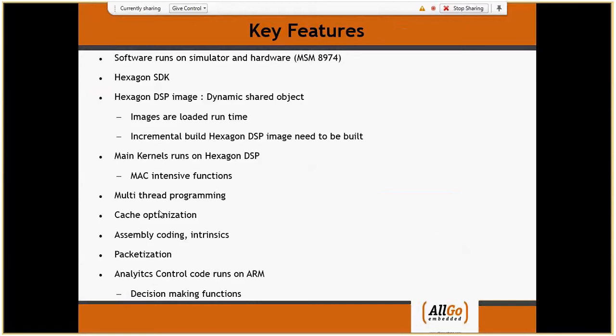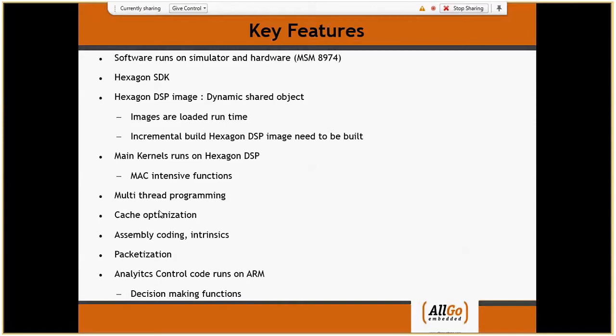Also, we have done some assembly coding, and we also introduced some intrinsics so that we don't have to fully hand code some of the functions. You can use the intrinsics and still get good performance improvement. Also, since Hexagon DSP is a VLIW type of architecture, we are trying to use the packets, where each packet can contain 2 loads or stores along with 2 MACs.